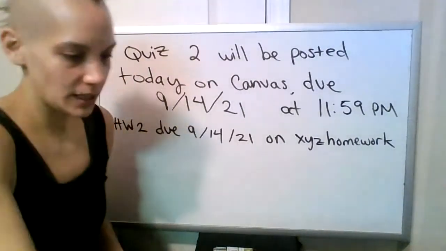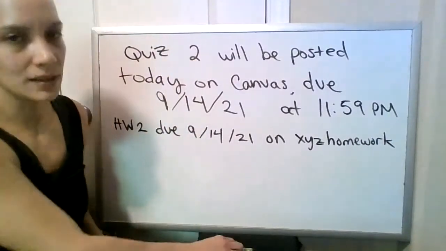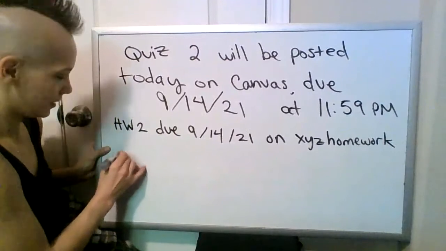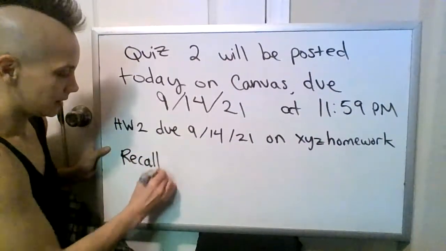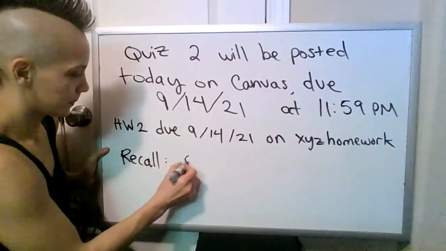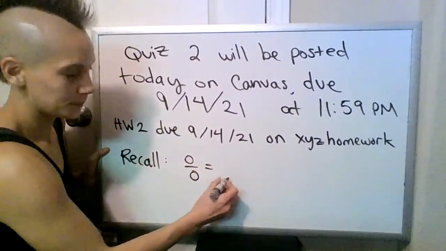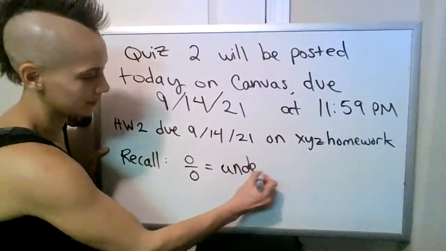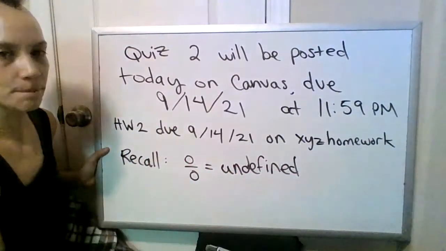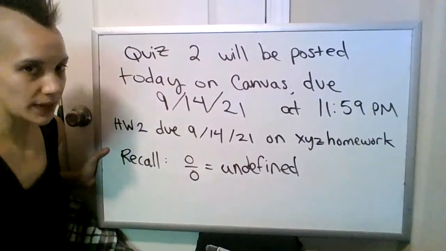So I did check in the book and on Google that 0 over 0 is undefined. Any number divided by 0.